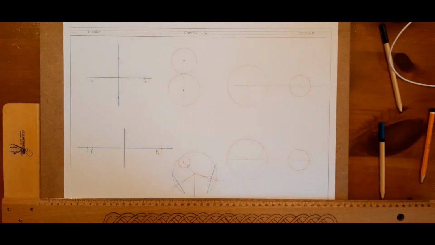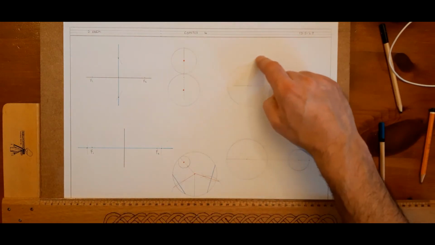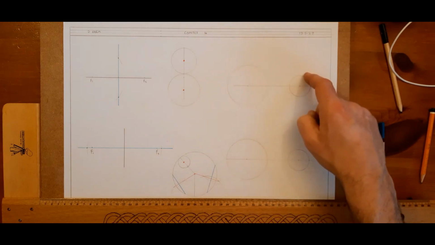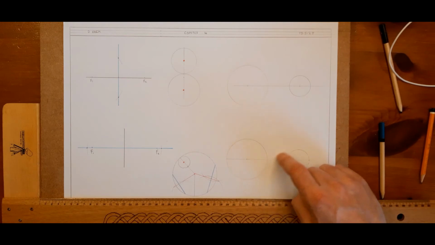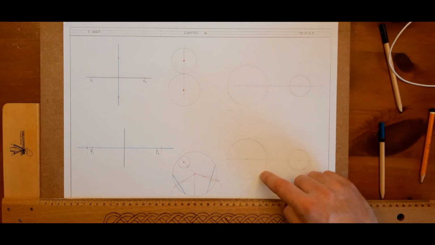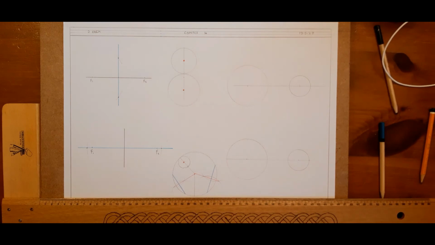Now, the last two things I want to do with this is putting on a tangential arc onto this, and then down here I'm going to put a tangential arc in between these two circles. Okay, so we'll do this one first.